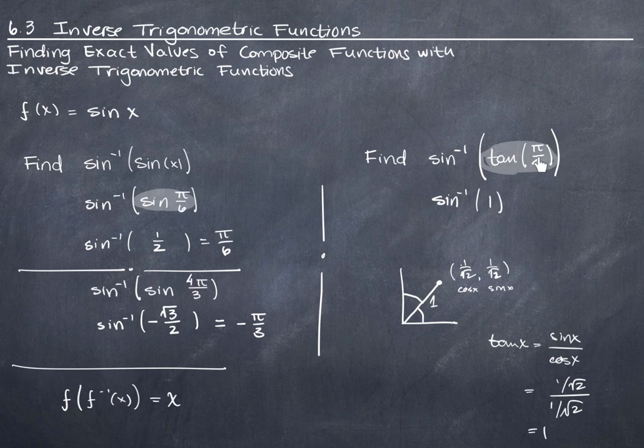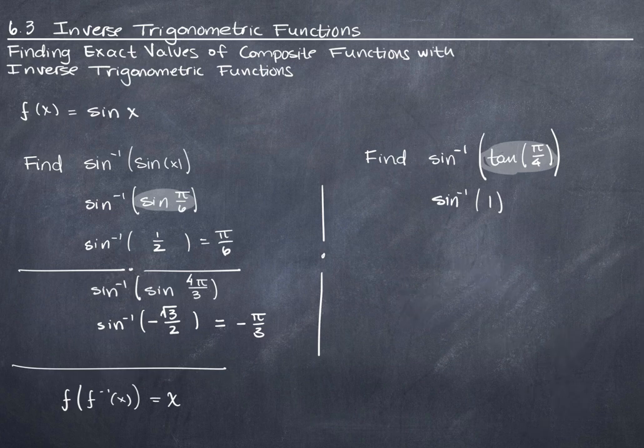So the tangent of pi over 4 is the sine of pi over 4, which is 1 over root 2, divided by the cosine of pi over 4, which is also 1 over root 2. So therefore, the tangent of pi over 4 is 1. So what I've done is started with the inside piece here and just evaluated it. Go figure out what that is. It's 1. That's pretty easy.